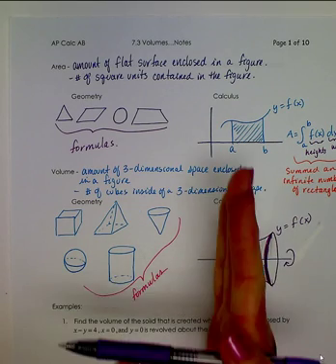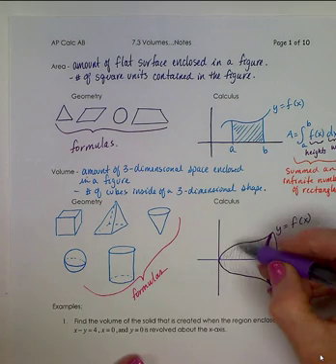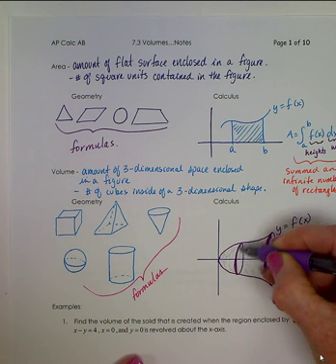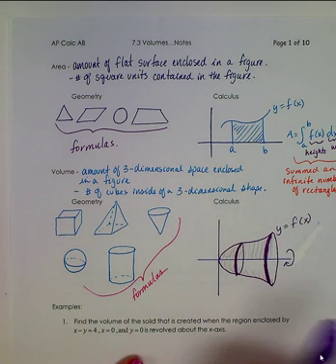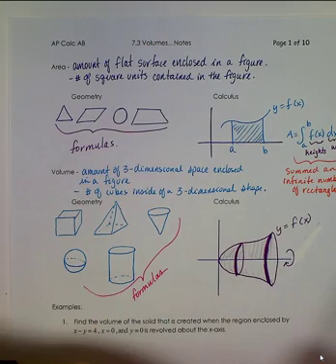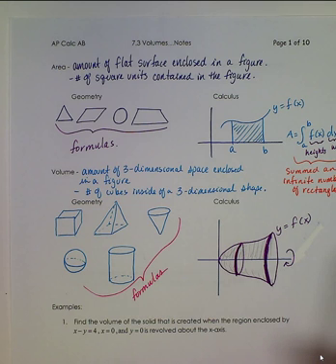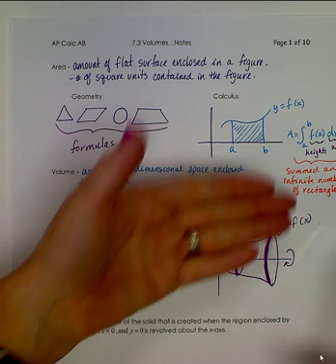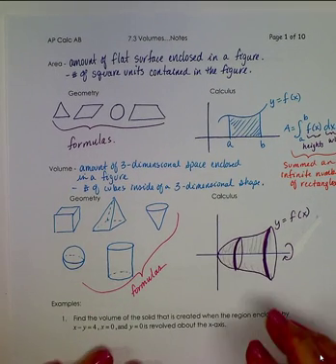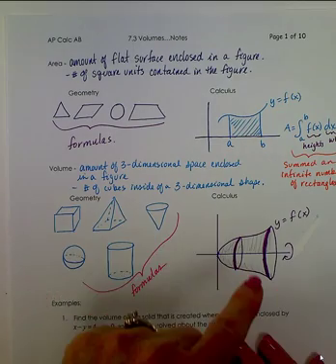So when we go through and we cut this up, we can put kind of a slice in here. And what that does is it helps you see the three dimensions. Do you see this coming out at you this way? And it's like a bell shape. Do you see that coming out? Okay. All right, now how in the world are we going to figure out the volume of that shape?